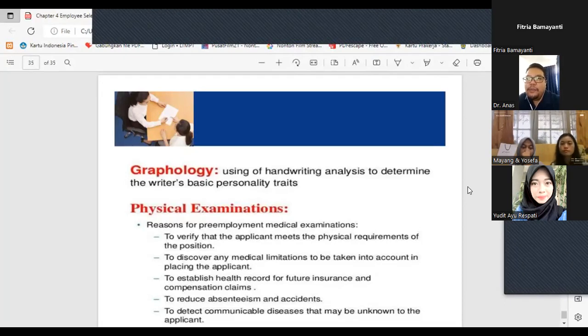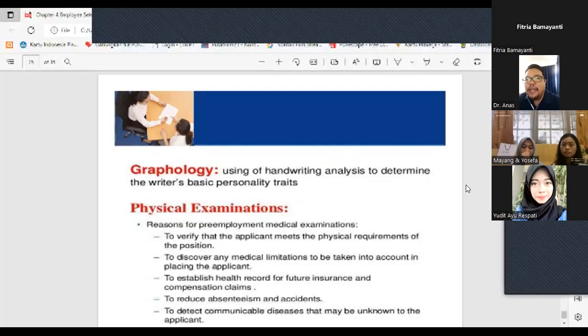The reasons for a pre-employment medical examination are to verify the applicant meets the physical requirements of the position, to discover any medical limitation to be taken into account in placing the applicant, to establish a health record for future insurance and compensation claims, to reduce absenteeism and accidents, and to detect communicable diseases that may be unknown to the applicant. So these are mostly about the process of employee selection.